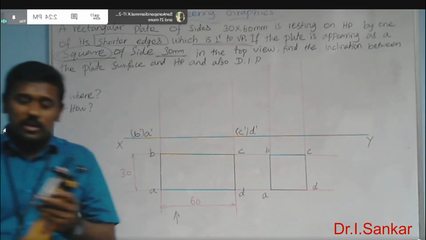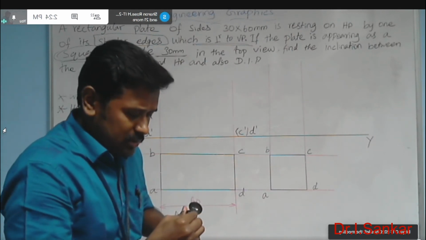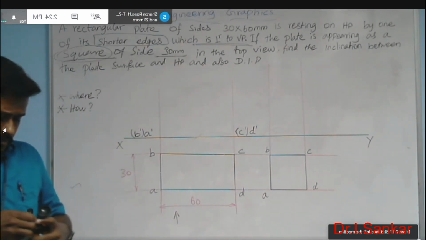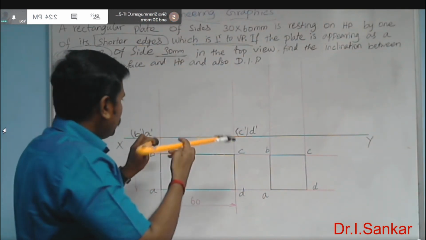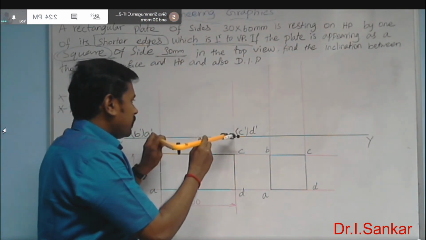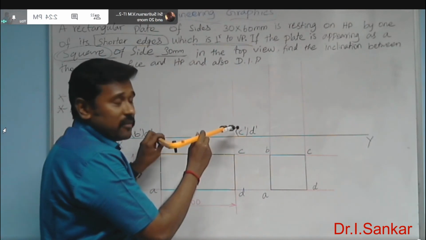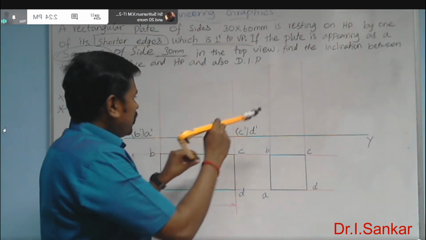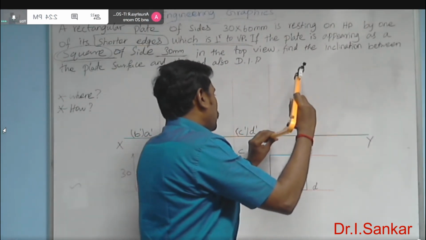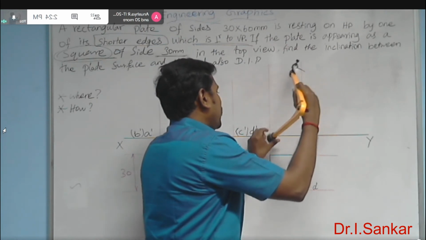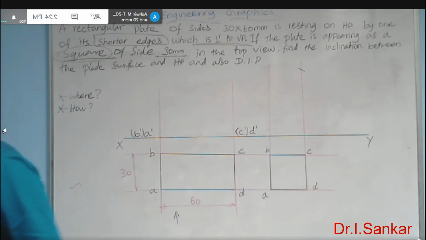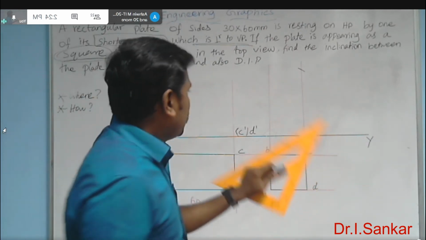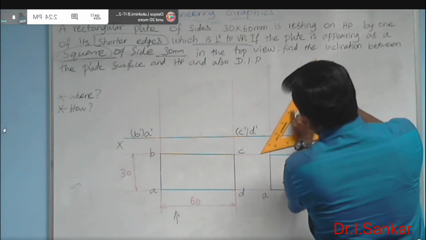For that you can use your compass, or simply you can measure it. So 60 mm is the length of your front view. Using that, I am making an arc, and then you need to connect these two.